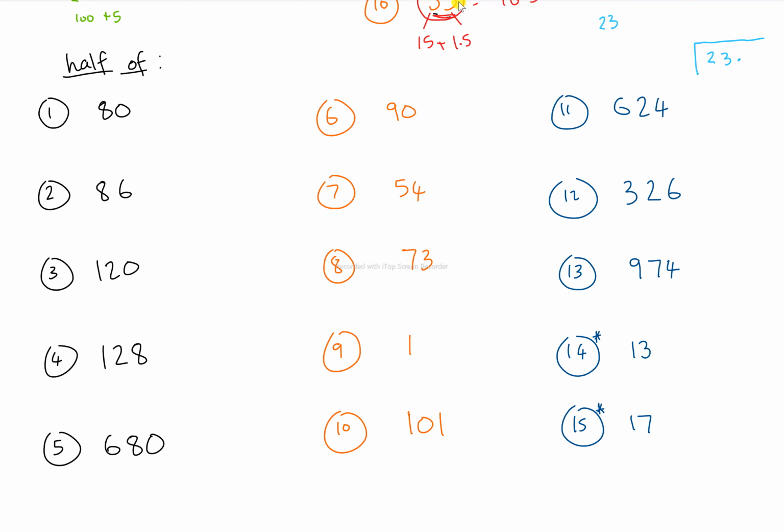How do we always do this? Put the decimal points there, add a few zeros, go for it. So what I'd do is something like this. How many 2's in 2? 1. How many 2's in 3? 1. Remainder 1. You carry the 1 over. How many 2's in 10? 5. So it's 11.5. Okay, go for it.